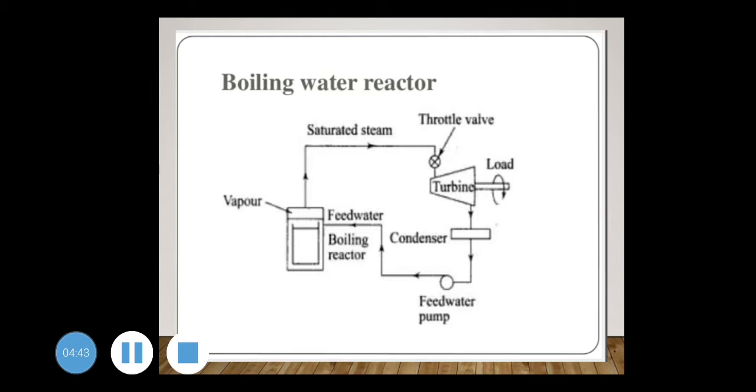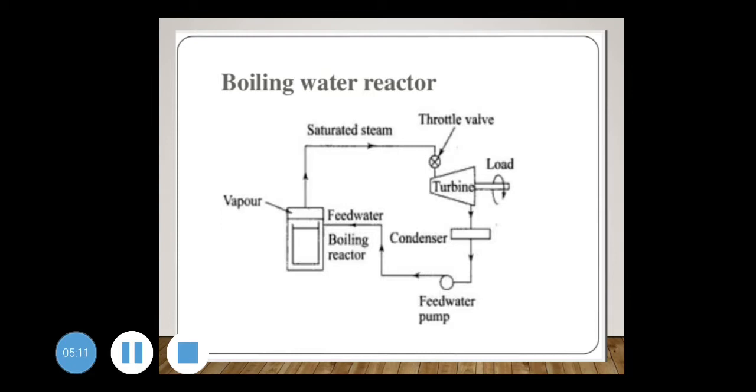In the boiling water reactor, saturated steam is produced and sent to the turbine through the throttle valve, and the blades of the turbine rotate, which is coupled to the alternator, which generates the electricity.